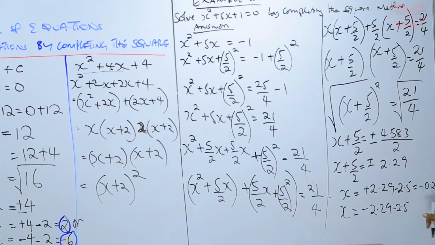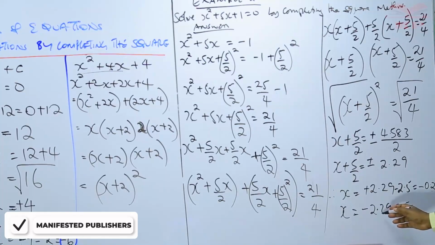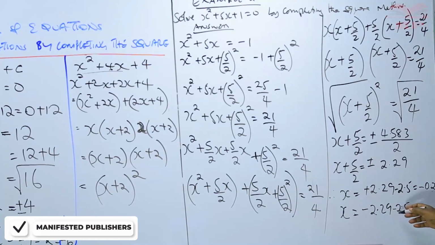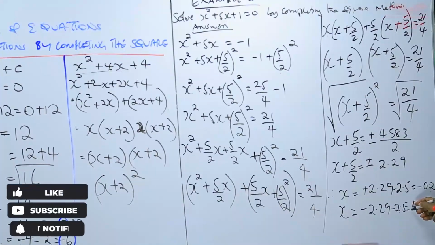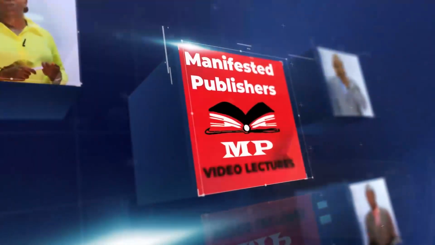Then minus 2.29 minus 2.5 is negative 4.79. So x is negative 0.21 or negative 4.79.